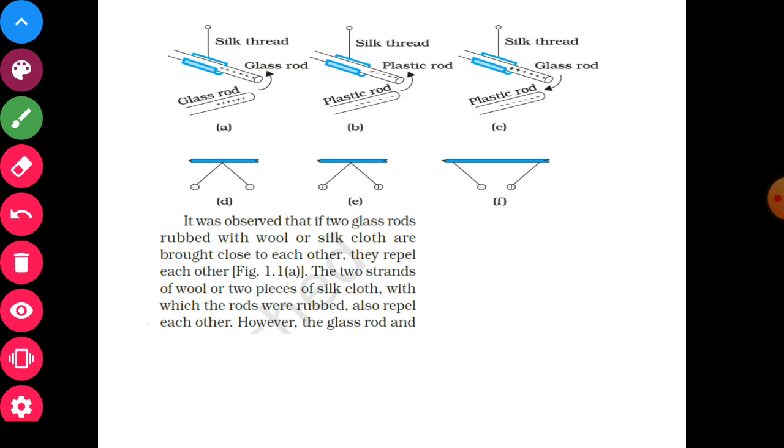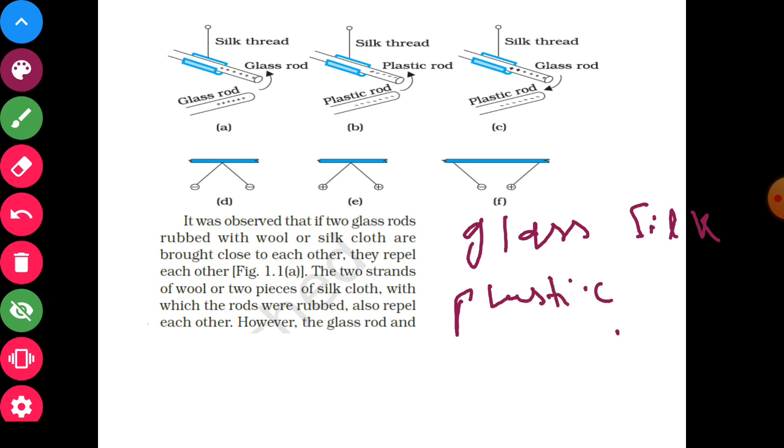Now glass rods are rubbed with silk cloth. Try to understand, this is just to keep in mind. The glass rod is rubbed with silk cloth or wool, and the plastic rod with the cat's fur.